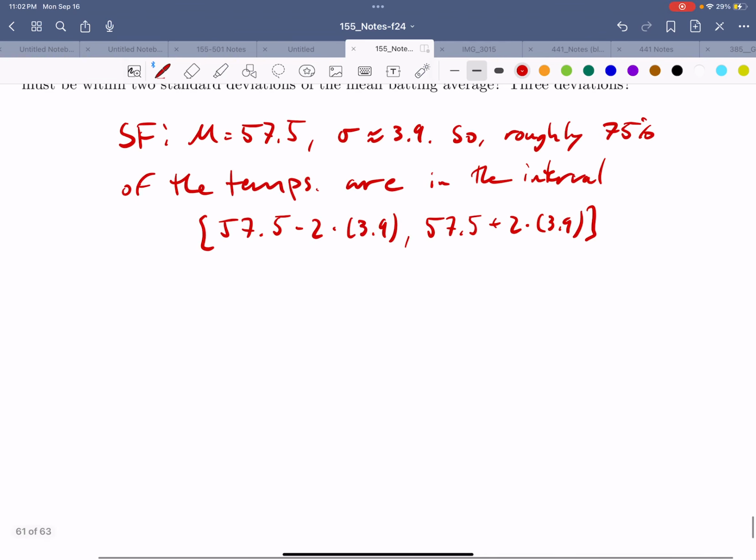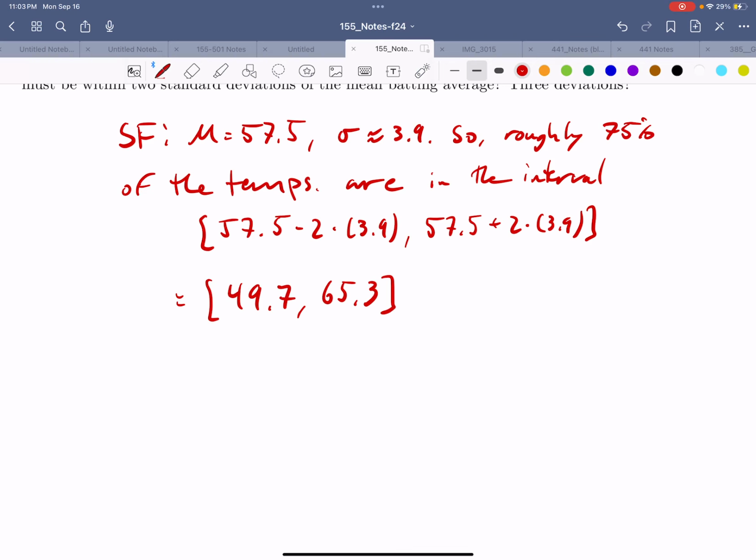And what's that going to equal? That's almost minus 8. So 57 minus 5, that would be 49.5. You want to add 2 back on. So I think it's going to be 49.7. And if you added 8, you would get 65.5. I think it's going to be 65.3.